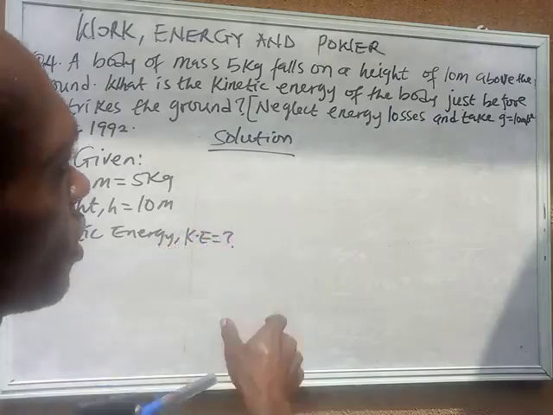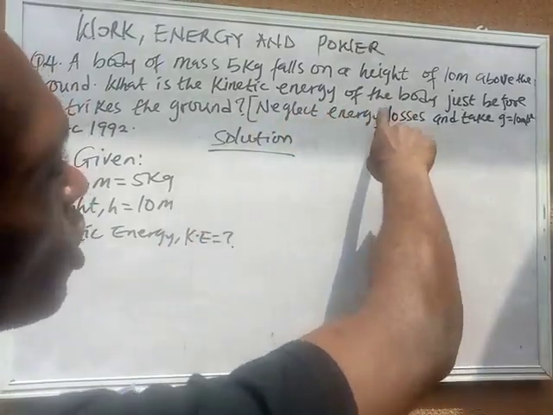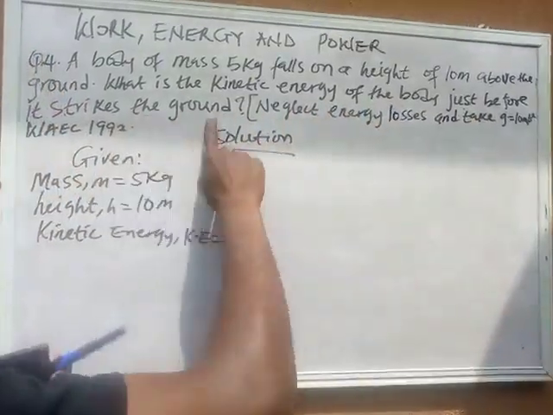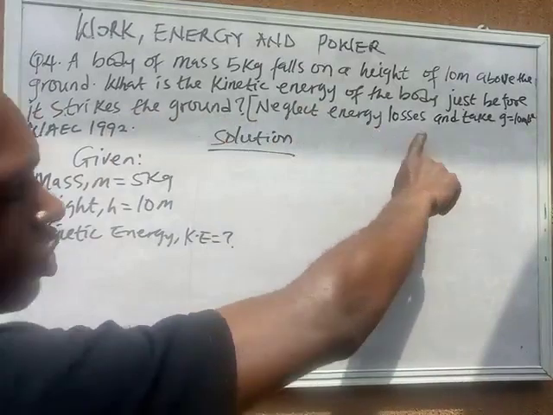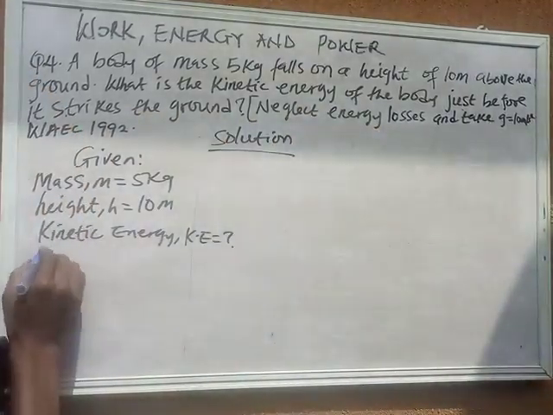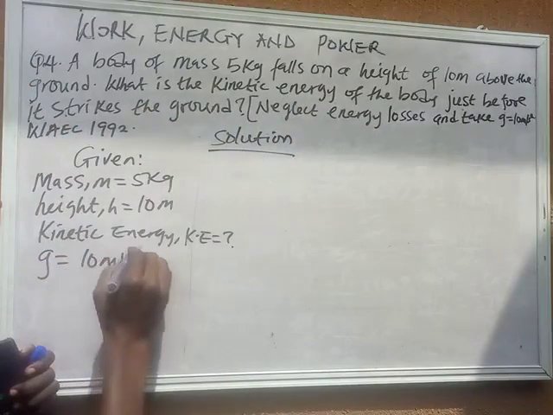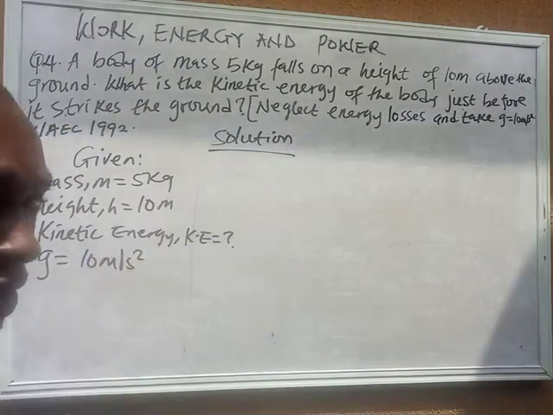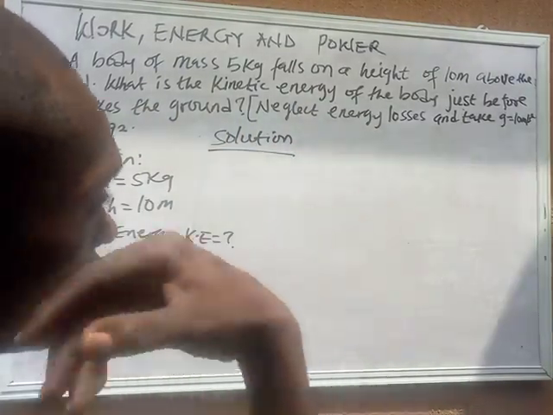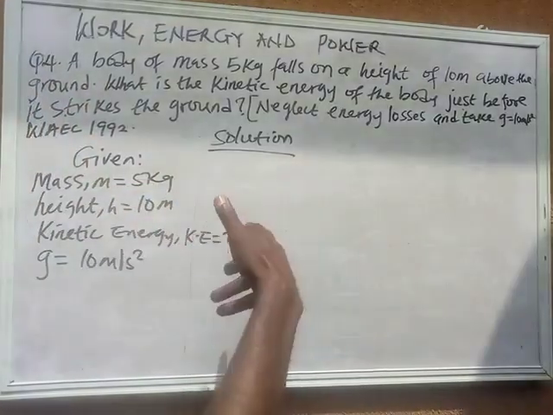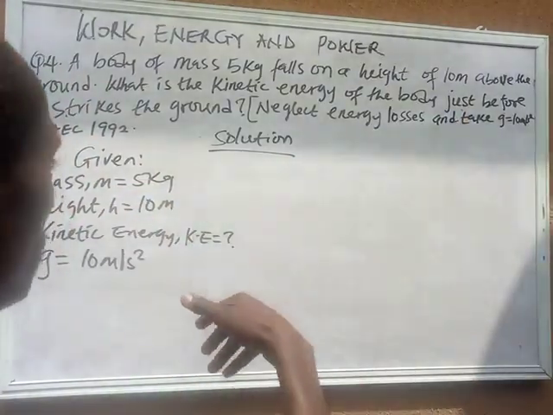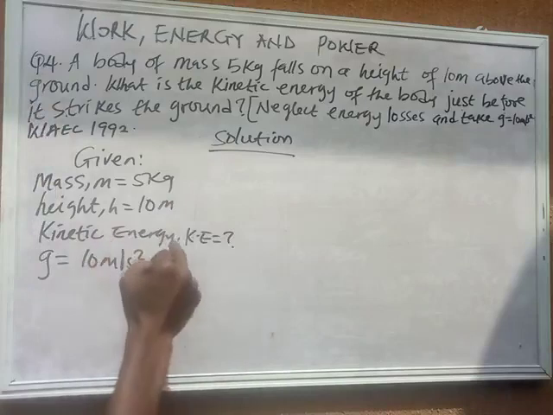They said kinetic energy of the body just before it strikes the ground. Neglect energy losses and take g. So g is given as 10 meters per second squared, and g is the acceleration due to gravity. And then we are asked to look for kinetic energy.